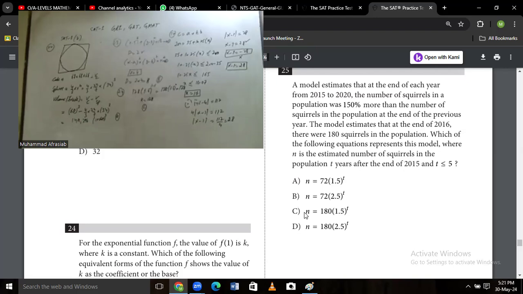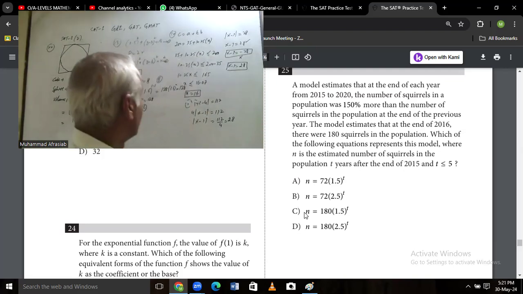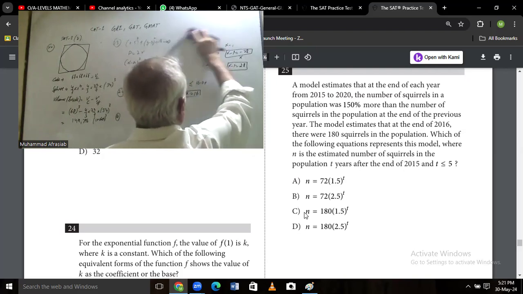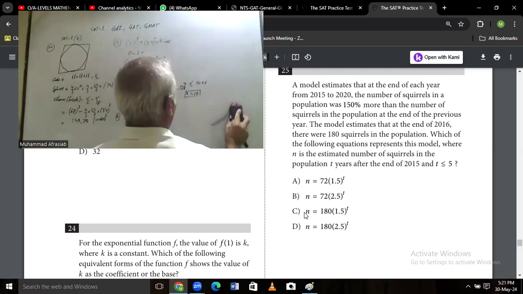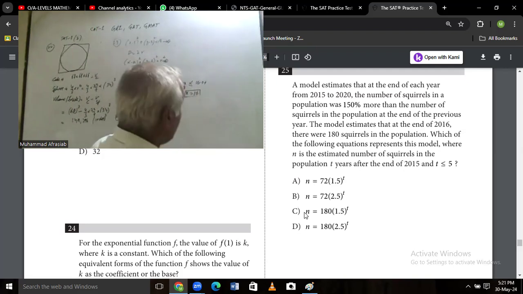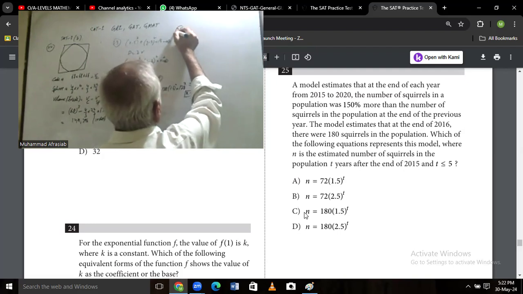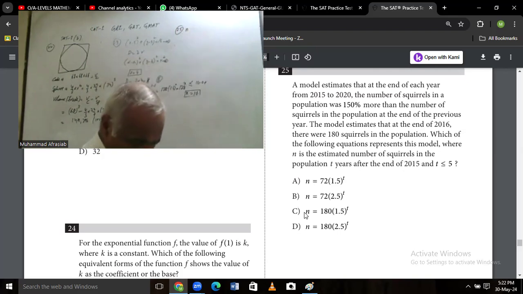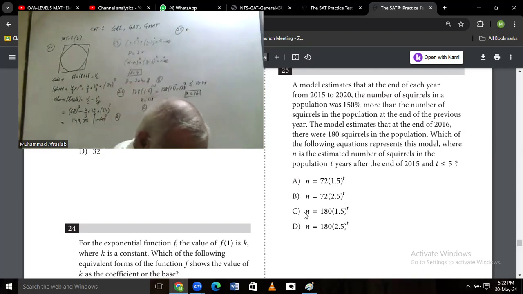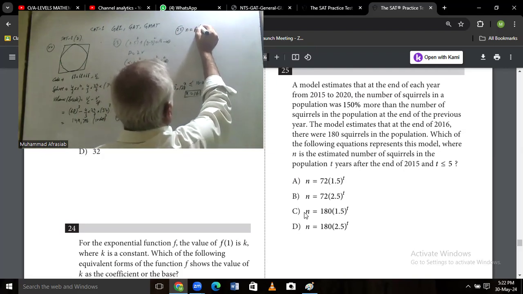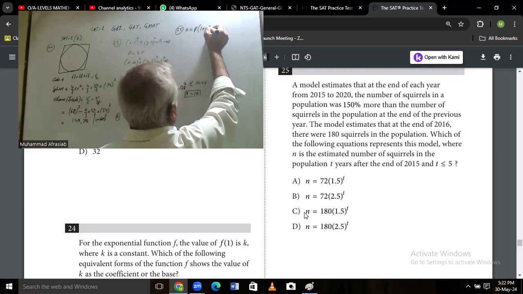So we know that let n is the total number, which is equal to the initial population p times 1 plus 150% of the value of t.